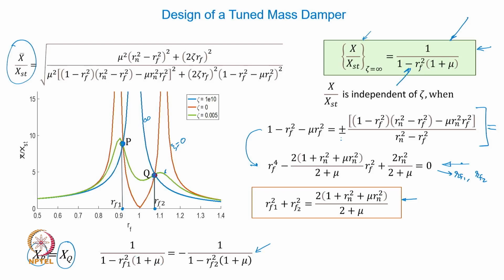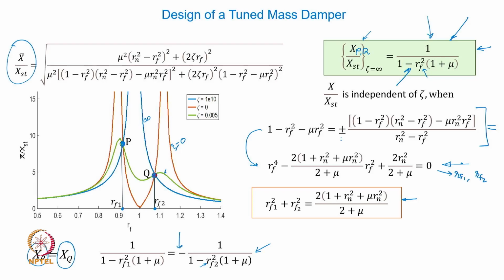So in the expression for rf, I'm going to use rf1 as the frequency ratio, and in the second part, that is for Q, I'm going to use rf2 as the frequency ratio. Okay, so basically I'm using this expression to represent the response at point P and separately the response at point Q.